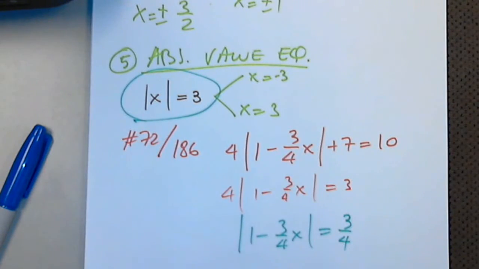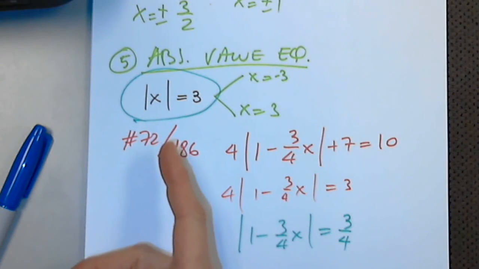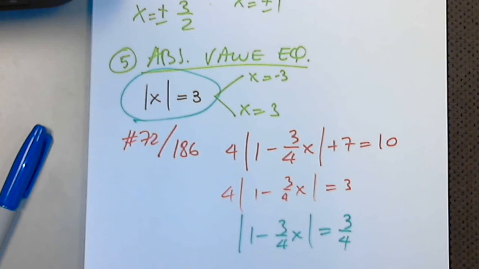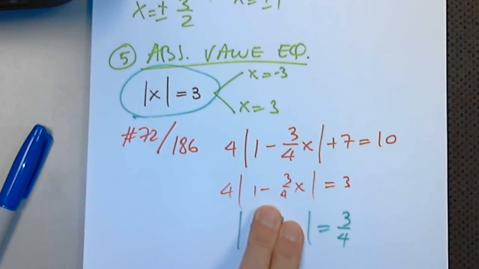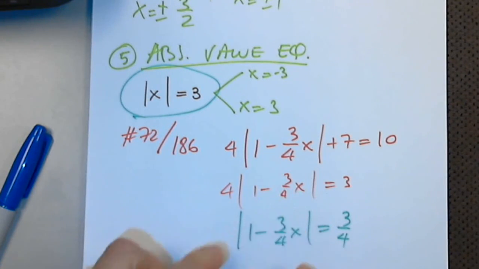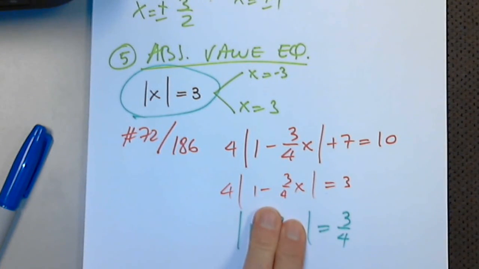Now I'm back here. And you could say, but wait a minute, it still doesn't look like that. Yes, it does. So let's think together. I'm asked to find numbers whose distance from 0 is 3/4. So what should I have in here? What can this expression equal so that the absolute value of it is 3/4?